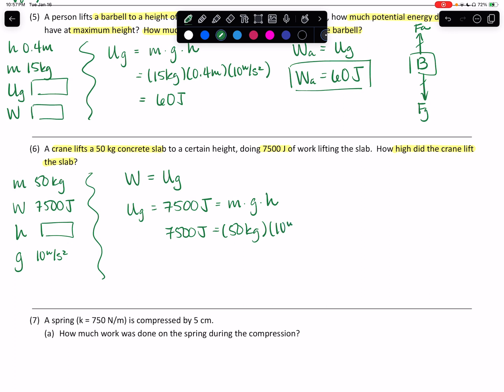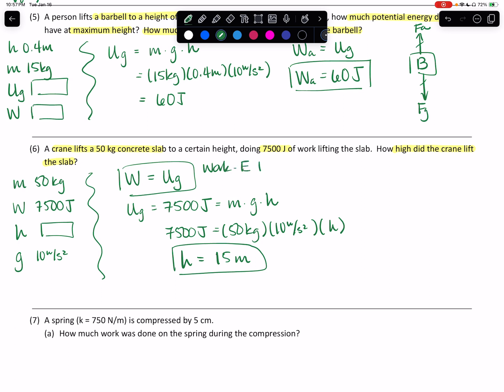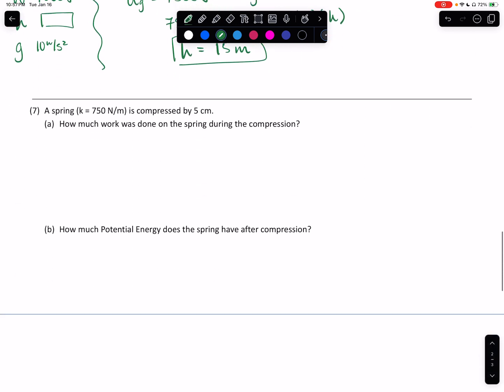That's okay. Times 10 meters per second squared times our unknown height. We calculate everything out and we find that the crane lifted that slab a distance of 15 meters. Again, the important part here is this work energy theorem, this idea that we did work to lift the object to this height. And once we get there, all that work is now potential energy in that object.